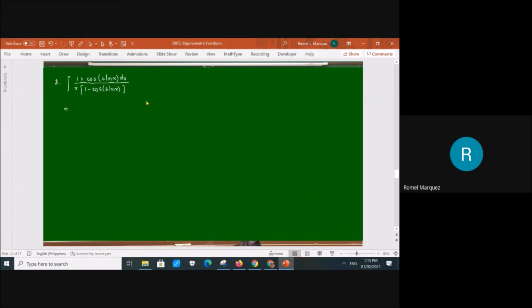We apply first an identity here. You cannot solve this directly from any of the formulas listed. If you still remember the identity for sine squared 1/2 theta, that is equal to 1 minus cosine theta all over 2, while cosine squared 1/2 theta is equal to 1 plus cosine theta all over 2.